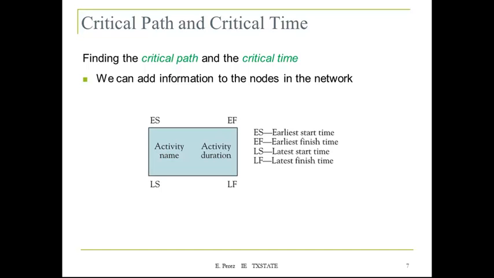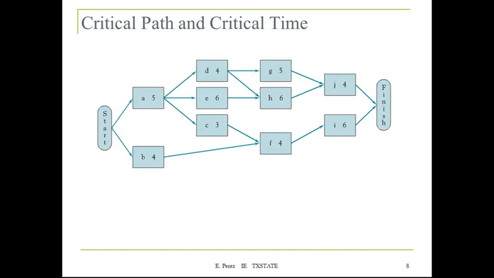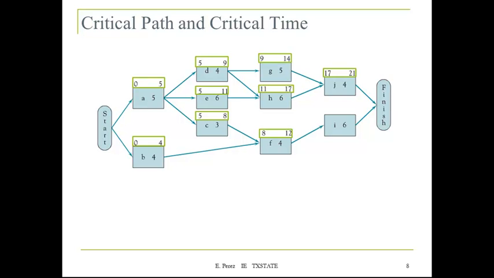And we're going to use this notation one more time for our analysis today. In terms of finding the critical path, you know you need to find the earliest start time and earliest finish time for each one of the activities. We did that already. So you know that if you have a predecessor, the earliest start time for those nodes is going to be the earliest finish time of the predecessor. We can perform the same type of analysis, and from here we can determine that the critical time is going to be 21 units, because it's the longest that it's going to take to complete the project.